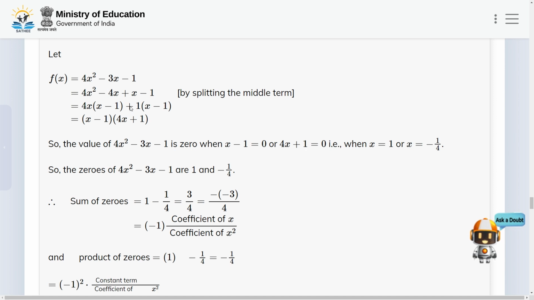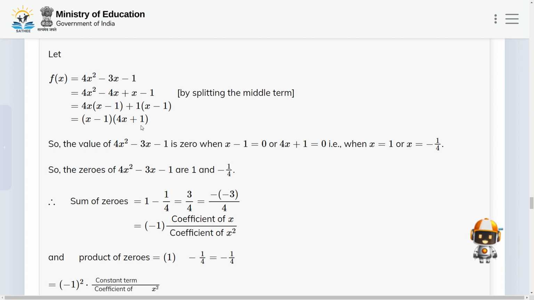So the value of 4x square minus 3x minus 1 is 0 when x is equal to 1 or 4x plus 1 is equal to 0, that is, x is equal to 1 or x is equal to minus 1 by 4. So the zeros of 4x square minus 3x minus 1 are 1 and minus 1 by 4.